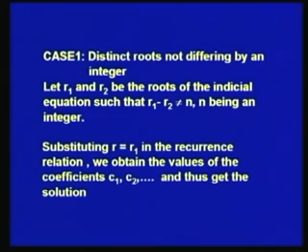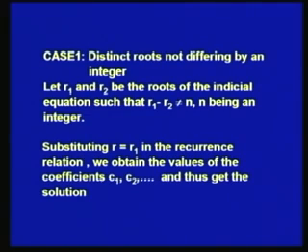So let us first discuss the case of the distinct roots not differing by an integer. Let r1 and r2 be the roots of the indicial equation such that r1 minus r2 is not equal to n, where n is an integer.